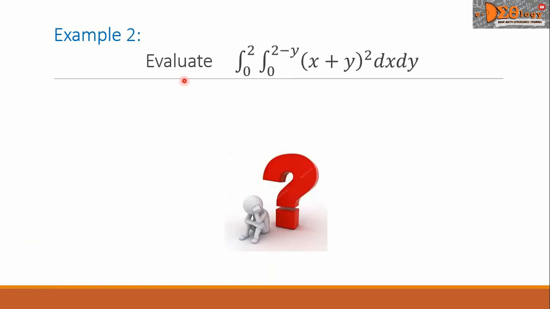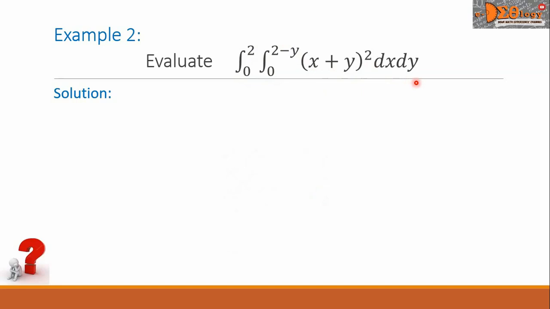Example 2. Evaluate the double integral. The first integral from 0 to 2. The second integral from 0 to 2 minus y. The function is the square of x plus y, dx, dy.